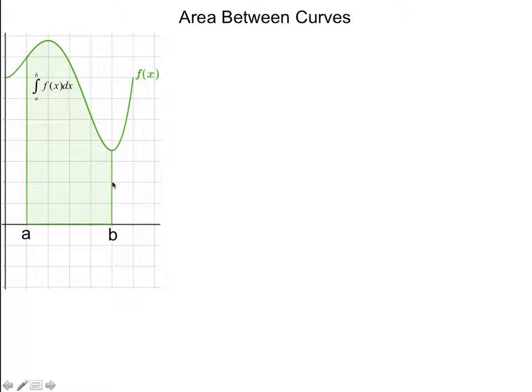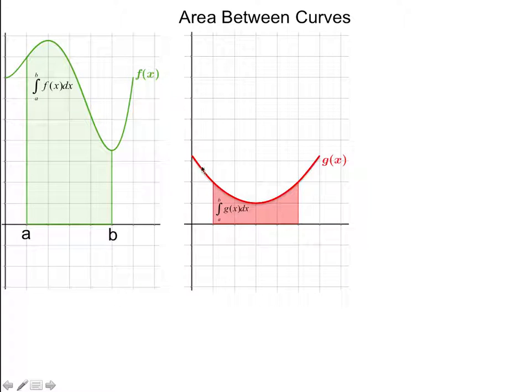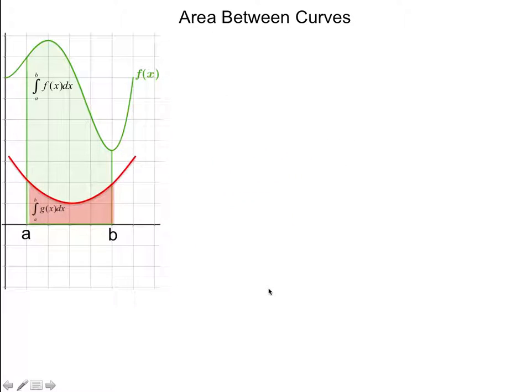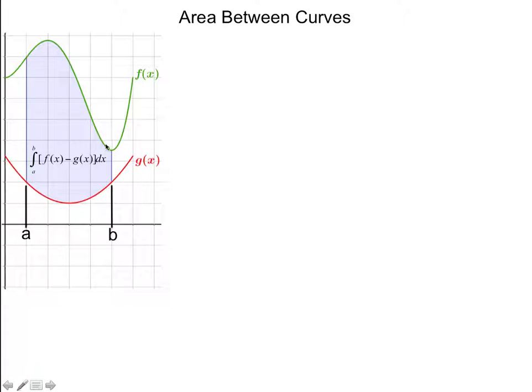And if we look at the other function beneath it, g of x, we can use that definition as well: the value of the definite integral is the region underneath the g of x curve between that and the horizontal axis. So if we superimpose those two curves, then we can take the definite integral of f of x and subtract g of x and get a physical number that represents this blue region. And so we can use that definition of the definite integral to find the area of that region.